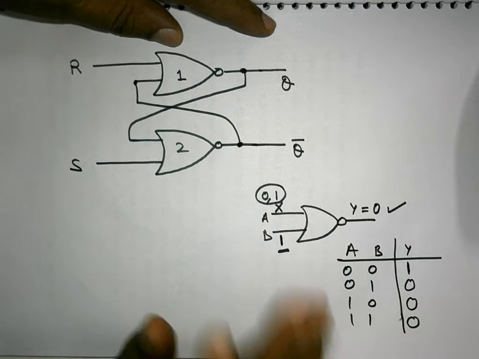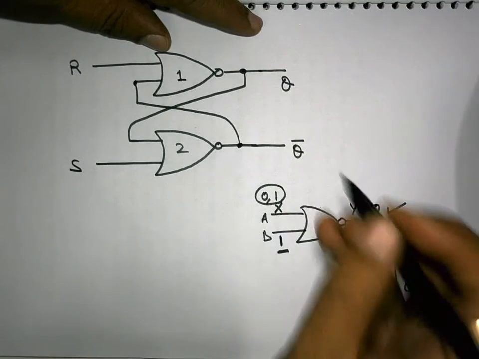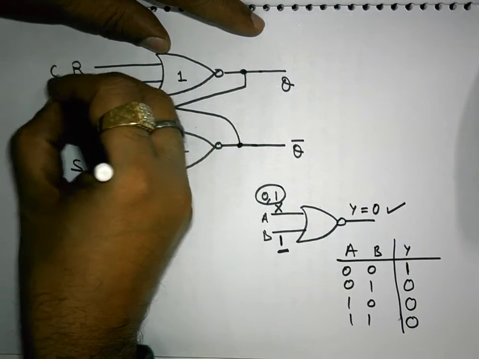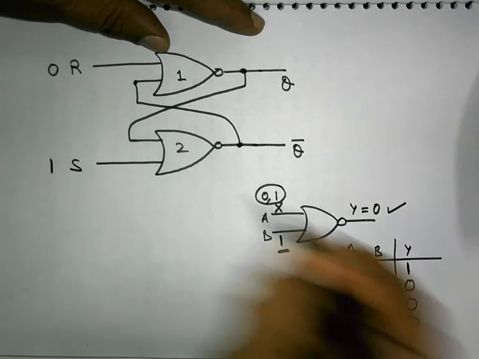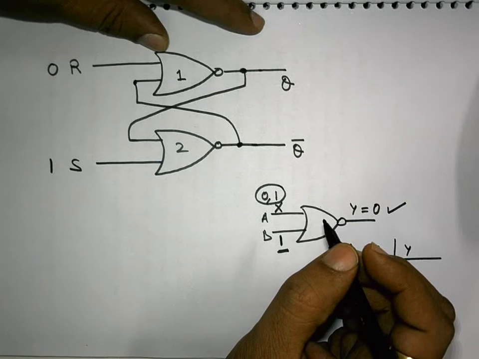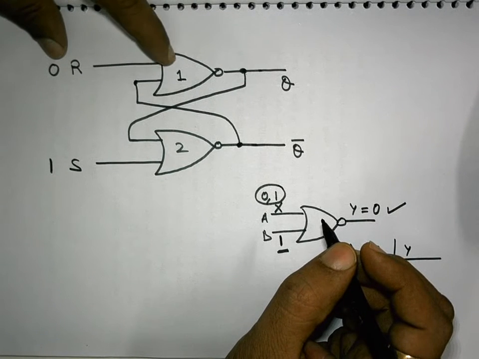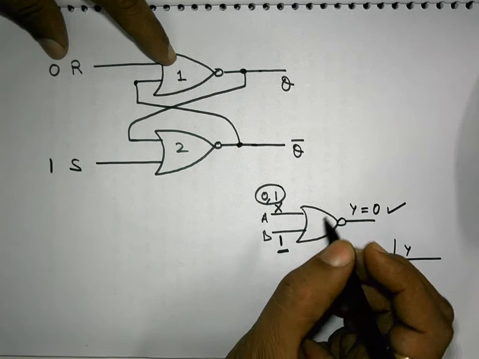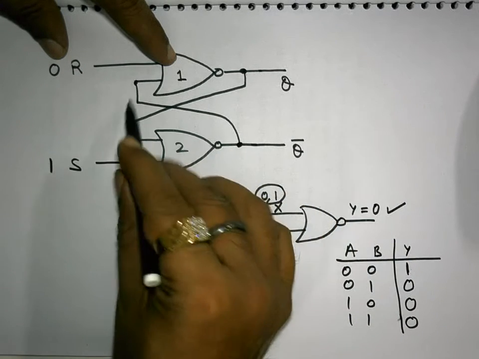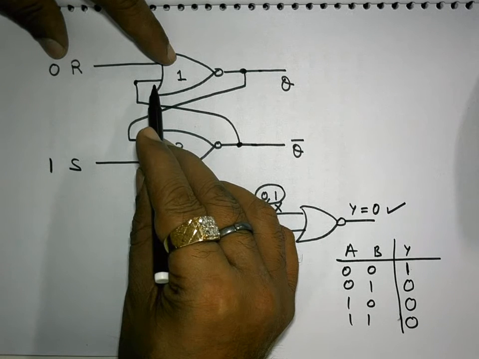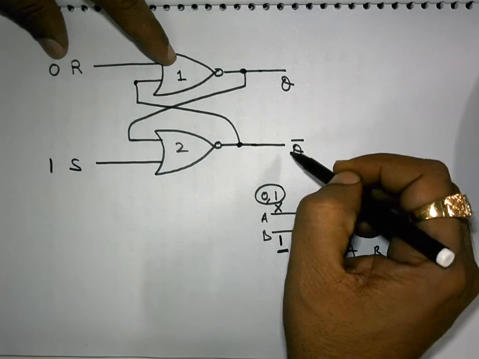Okay. Now you see, suppose we apply 0 as an input over here and 1 as an input over here, what will happen? If 0 is applied at gate number 1, then we are not bound to see what is coming from here. Something will come from here, something that has already been latched.